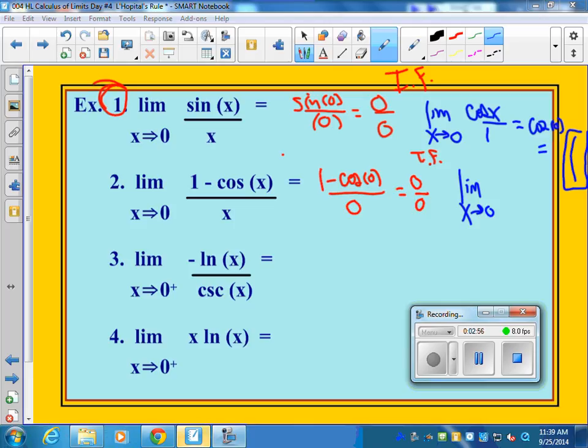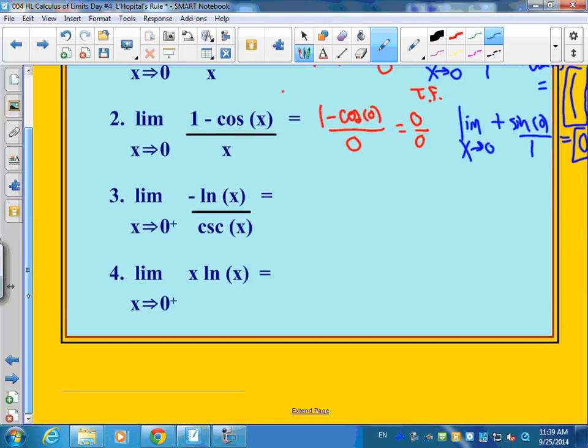You take the derivative of 1, which is 0, and the derivative of cosine is negative sine, so the negatives cancel. And what's the derivative of x? 1. So what's the sine of 0 over 1? 0. And we proved that yesterday too. So everything seems to be working out.